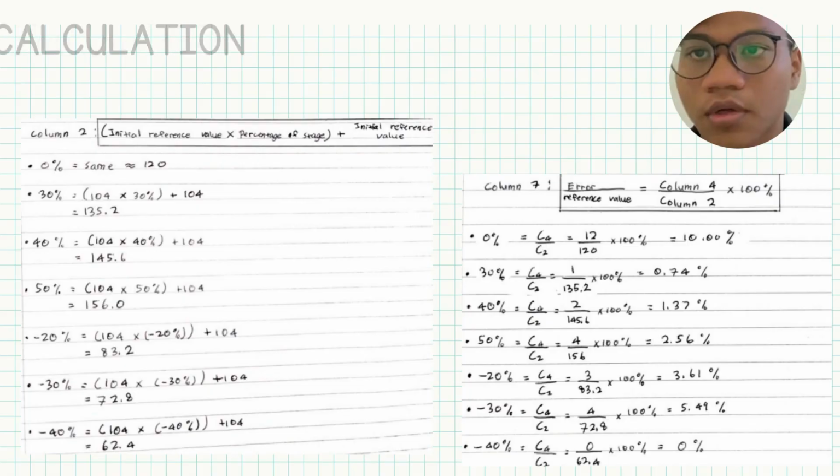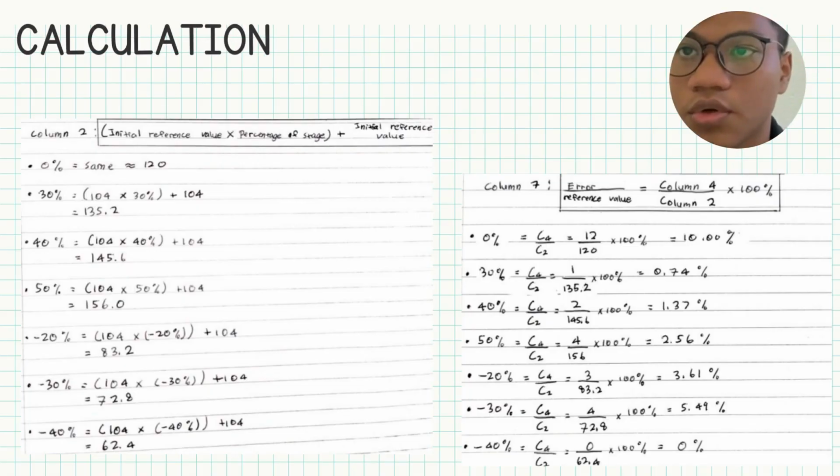For the calculation, as we can see in the result, for column 1, column 3, column 4, column 5 and column 6, the data we can get straight from the table and the data shown on the monitor, except for column 2 and column 7, which we need to calculate.